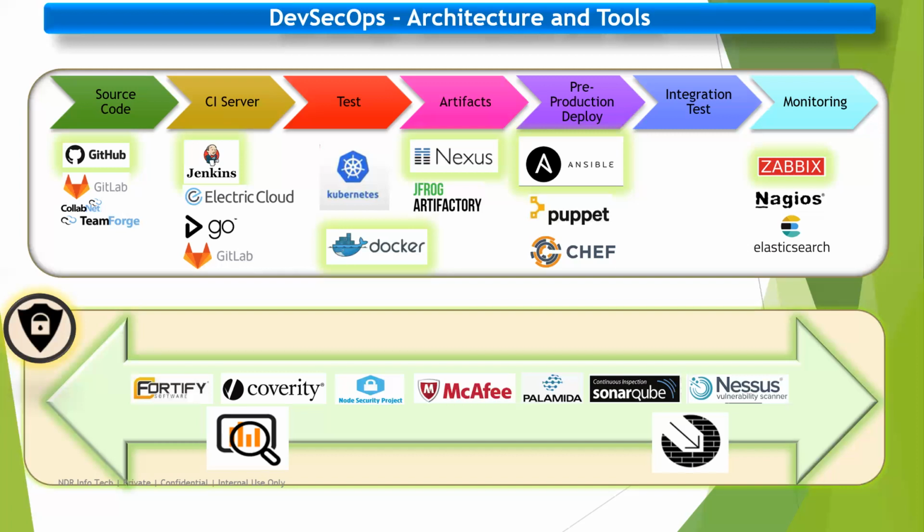So that's where we'll cover Docker and Kubernetes, which are containerization tools, right? And we'll also cover the Artifactory tool, Nexus. Why do we need an Artifactory system?